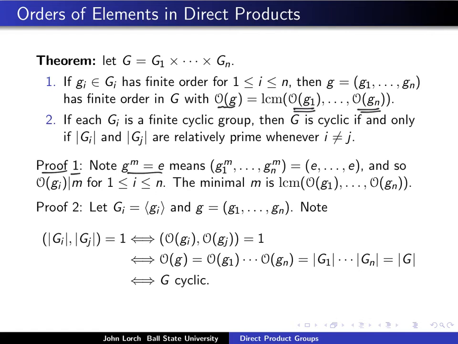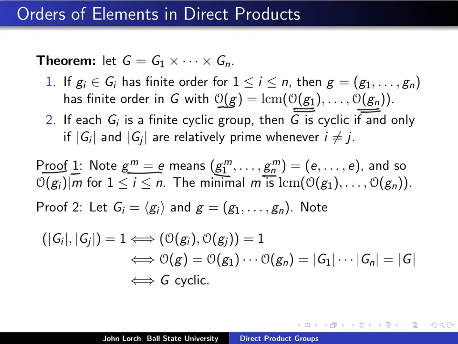If you have g to the m equaling the identity, we know from the definition of the product in the direct product group that g sub 1 to the m up through g sub n to the m must all be individually equal to the identity in their respective groups.